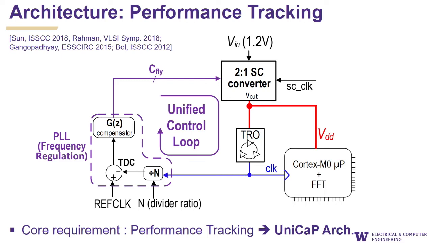When we're running in performance lock, we basically have a system, and this is what we built in our chip: a complete integrated system with a microprocessor, FFT accelerators, and we use a voltage regulator to power the system. We used a technique called Unicap, which is stuff that my group and others have worked on in the past, but that's completely a separate talk.